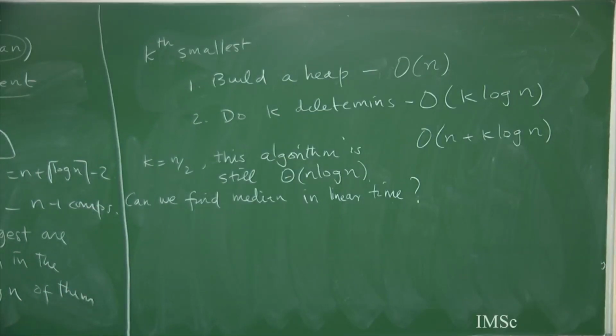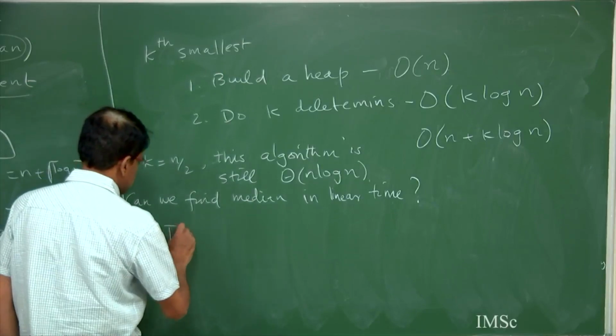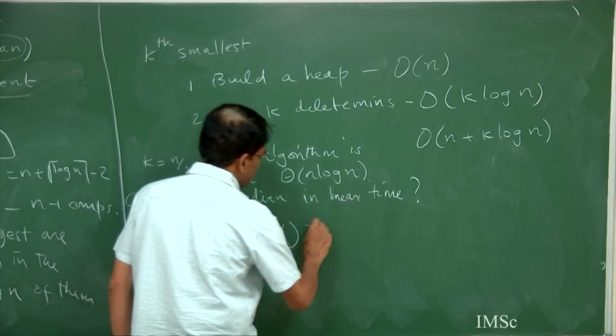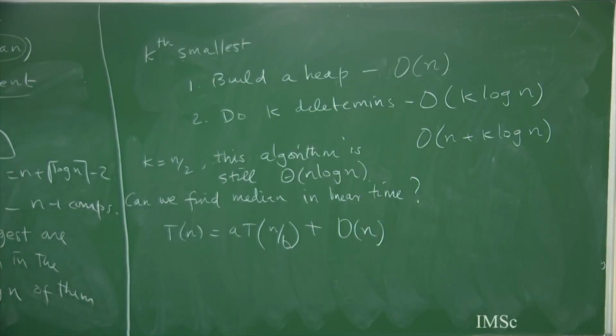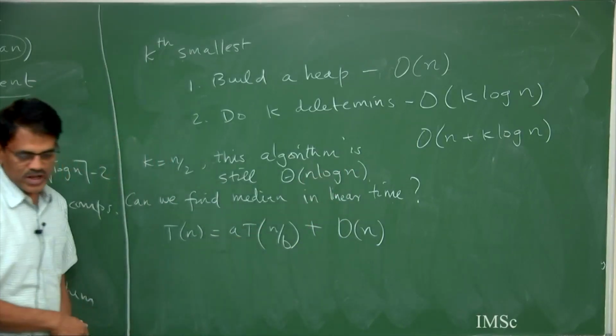Let us go back to our master theorem recurrence and see what I need to do with a, b and f of n to get linear. I am going to have f of n be order n, because somehow I am going to divide my problem into smaller subproblems, and my combining is going to take some linear time. So, what values do I need for a and b for this whole thing to solve to linear time?